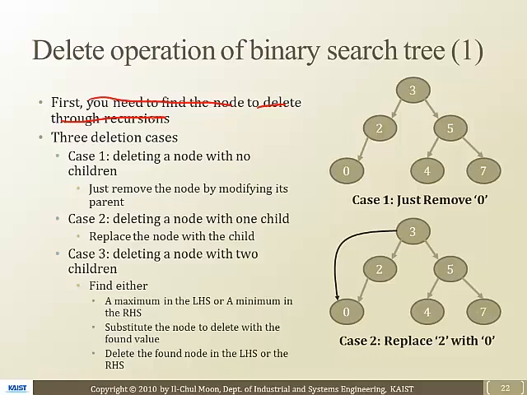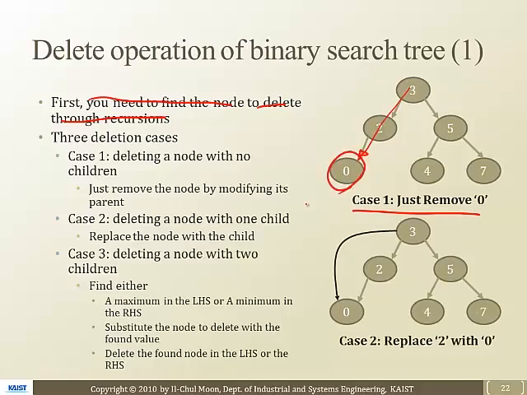The first case is deleting a node with no children. For instance, this is case 1. We want to remove the 0, and through the search operation that we just discussed, we go through this chain and find 0 here.